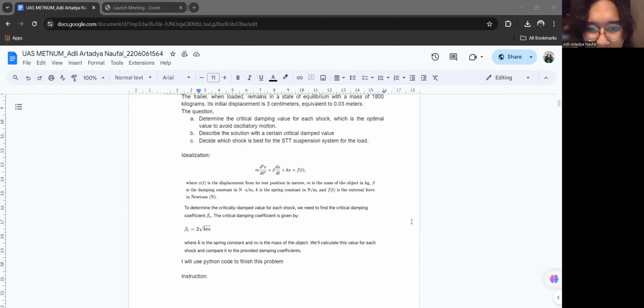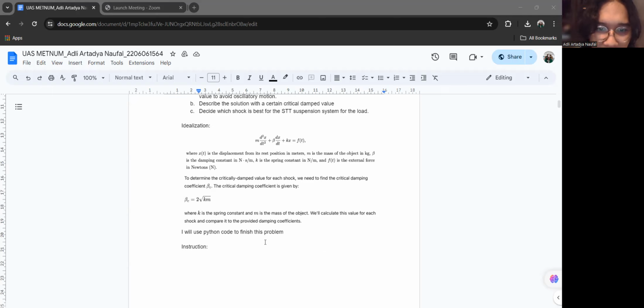To determine the critical damping value for each shock, we need to find the critical damping coefficient. The critical damping coefficient is given by beta c equals the square root of k times m, where k is the spring constant and m is the mass of the object.